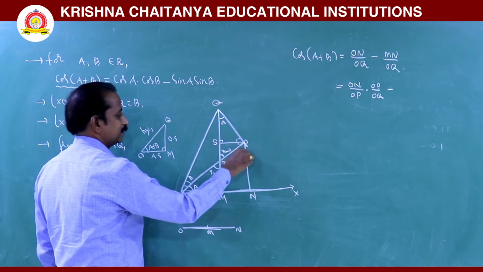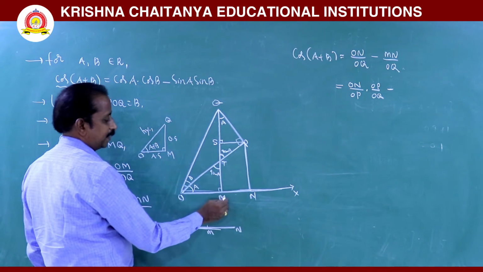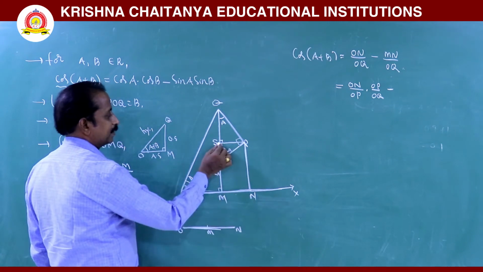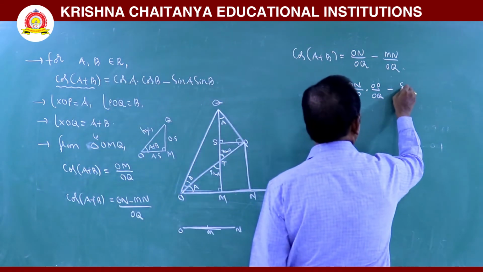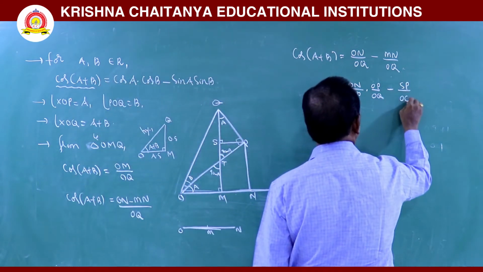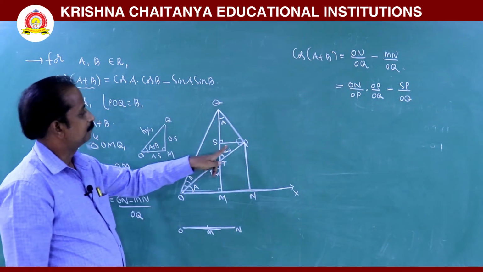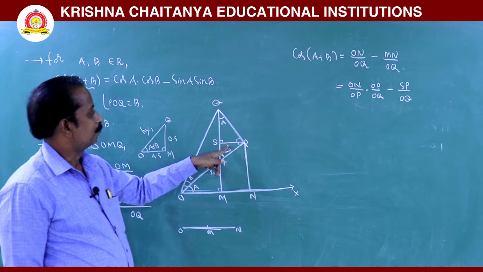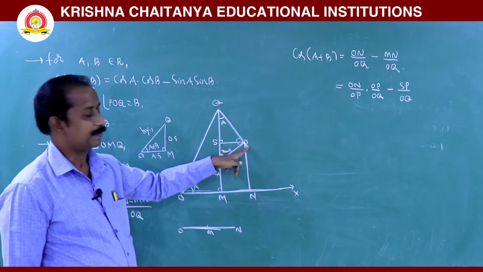We know their property, opposite sides are equal. So instead of MN I can write SP, so SP divided by OQ. SP is the opposite side of triangle QSP.